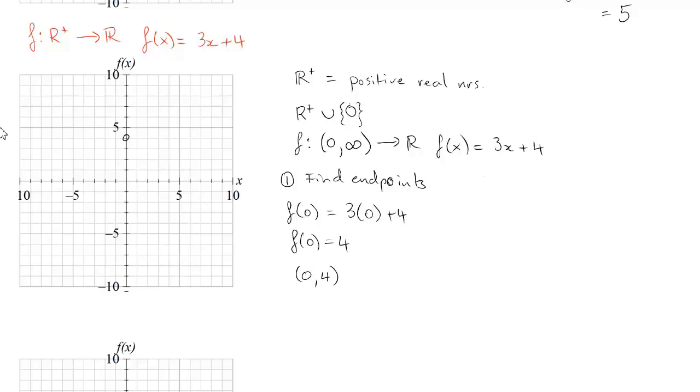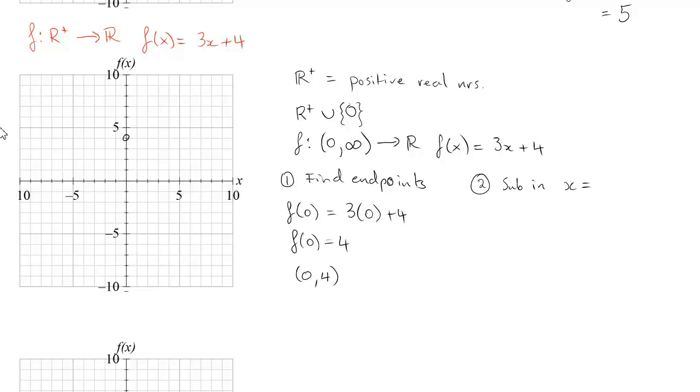Now, we're not going to use infinity because we're just going to get 3 times infinity plus 4, which is still infinity. What I will do, though, is I might just substitute another random point into our equation here. I'm just going to choose another value of x.